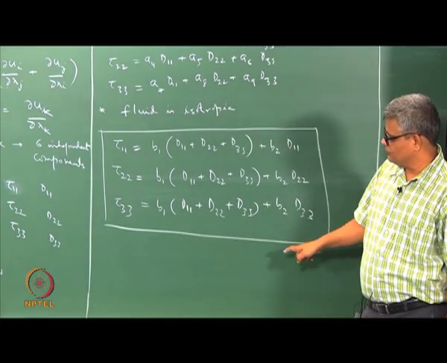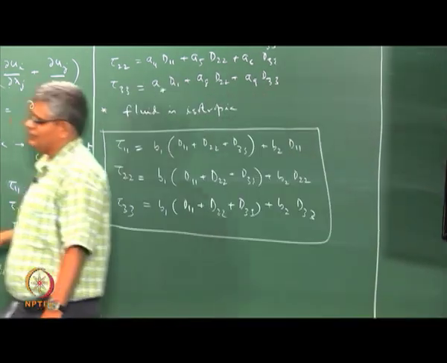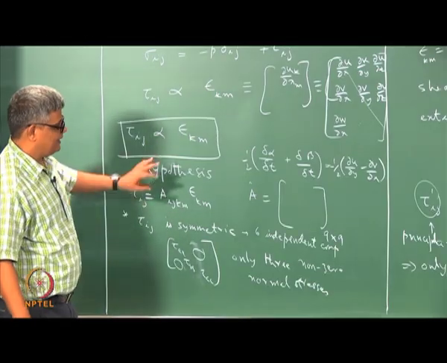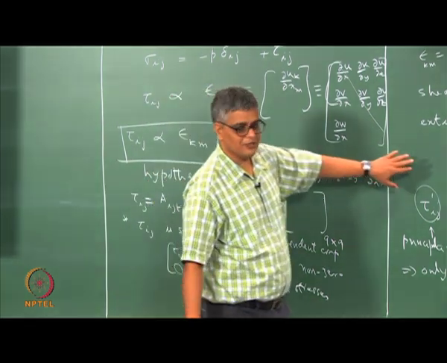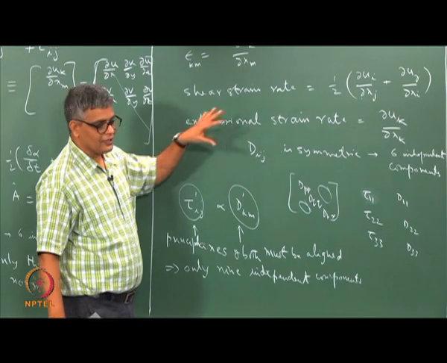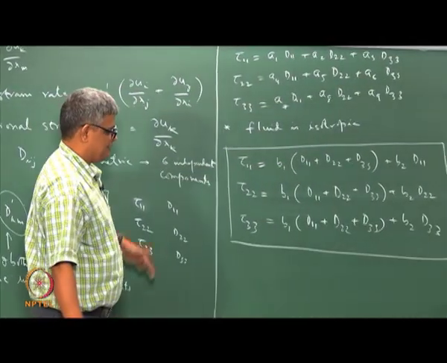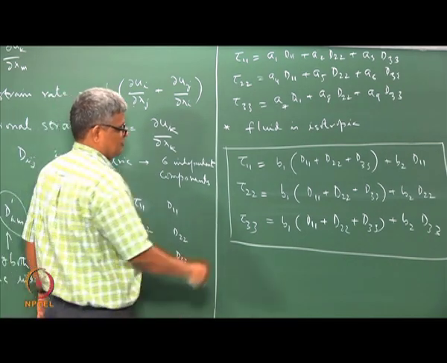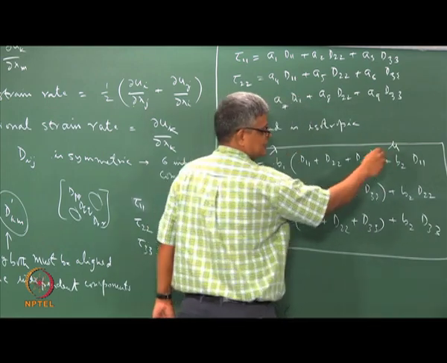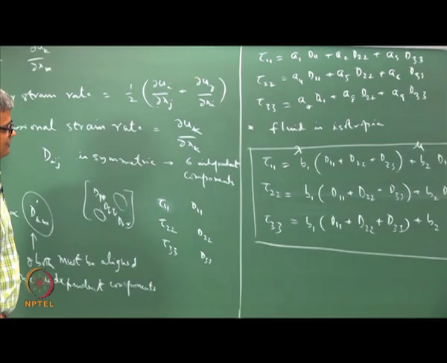So now what we are saying is that this linear relation between a symmetric stress tensor and a symmetric deformation rate tensor for an isotropic medium would have only 2 independent constants, and normally we put this as lambda and this as mu. This is our dynamic viscosity and this is known as the second coefficient of viscosity.